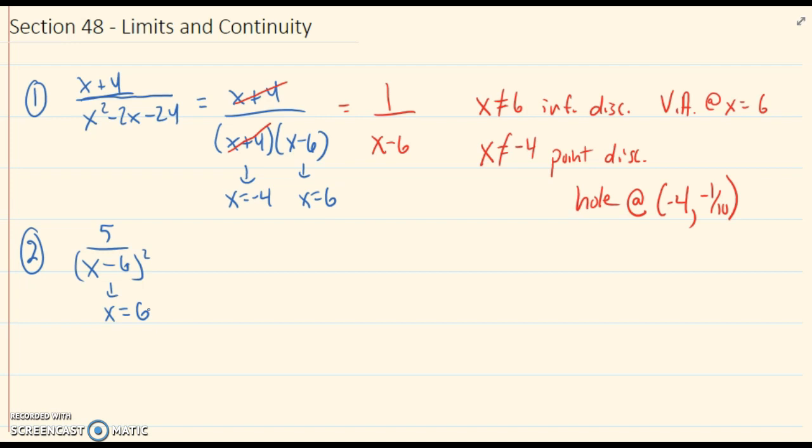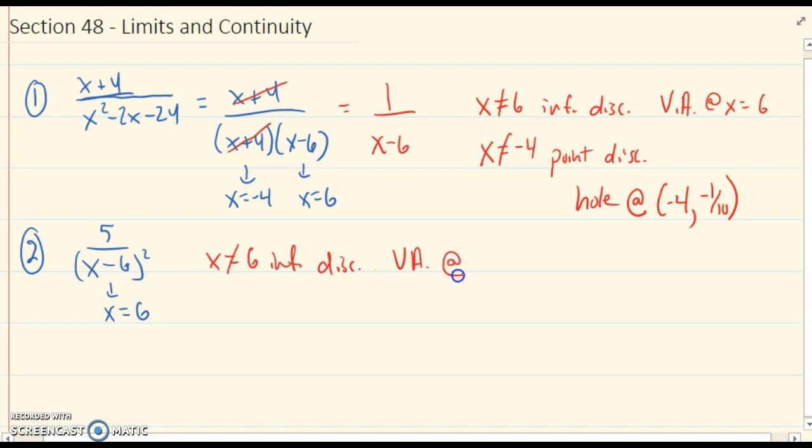In the next video, when we actually start graphing it, that's going to change some things around a little bit. So our conclusion is that at x cannot equal 6, we have infinite discontinuity, which means there is a vertical asymptote at x equals 6. So that's the continuity part of our lesson.